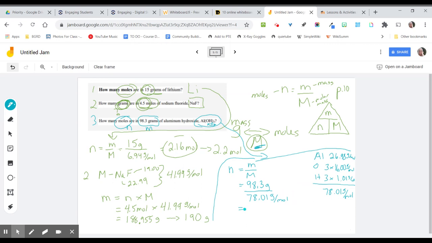Divide these two, and we get 1.26 moles. Now I'm just going to double check. Yep, there are 3 digits there and 3 digits in our answer. So we're done.